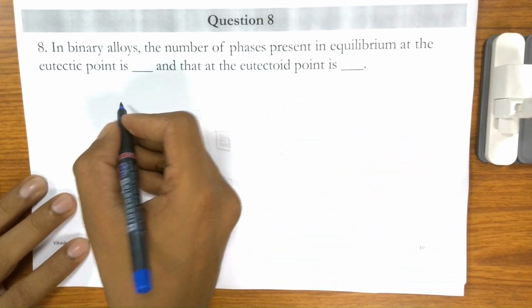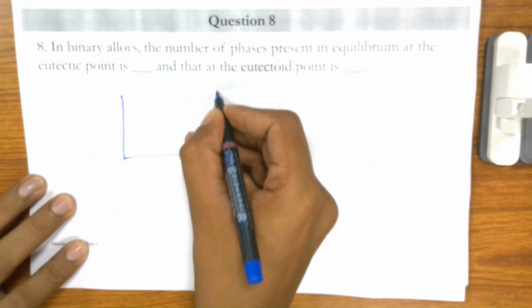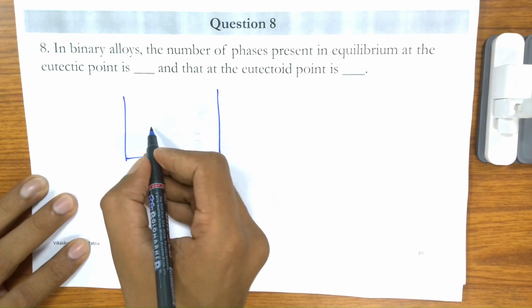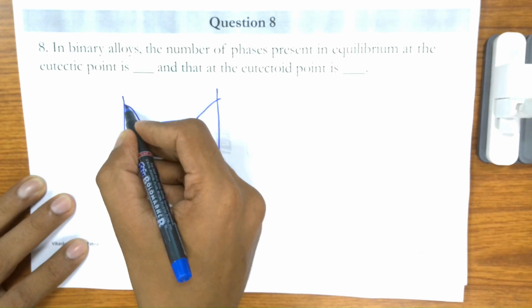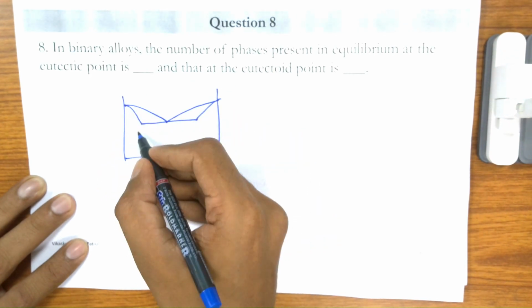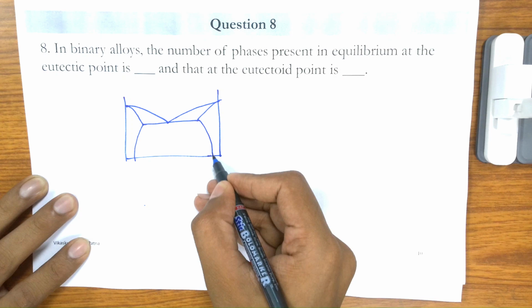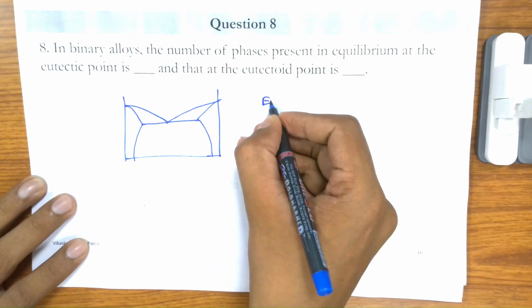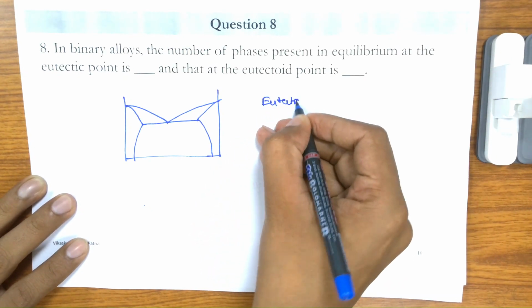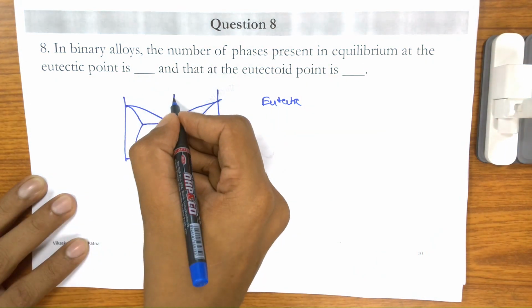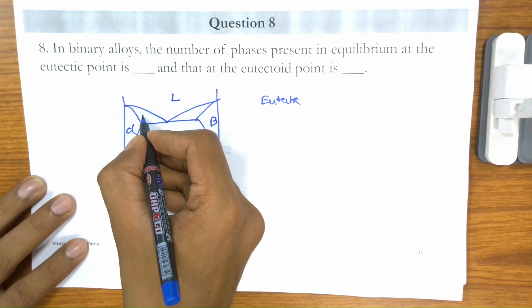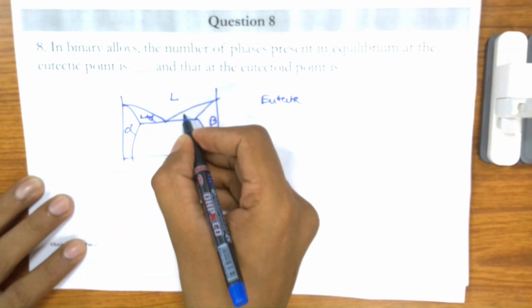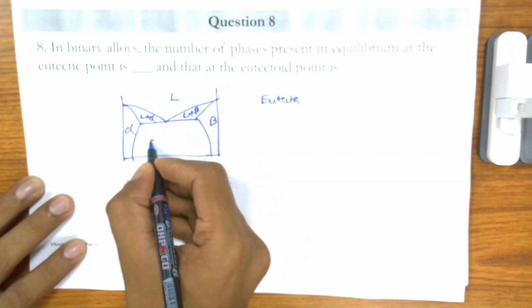In a binary, first of all, you can take any binary alloy. Let's talk about the eutectic. Here, let's say it's a liquid. This is alpha, beta, liquid plus alpha, liquid plus beta, and alpha plus beta.